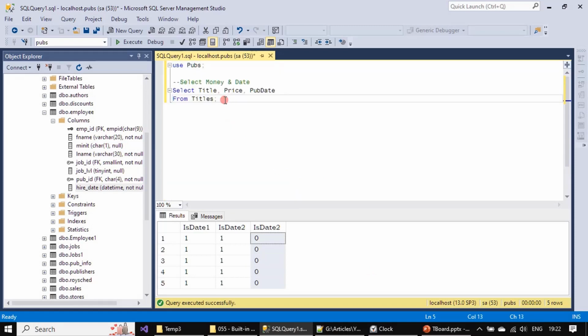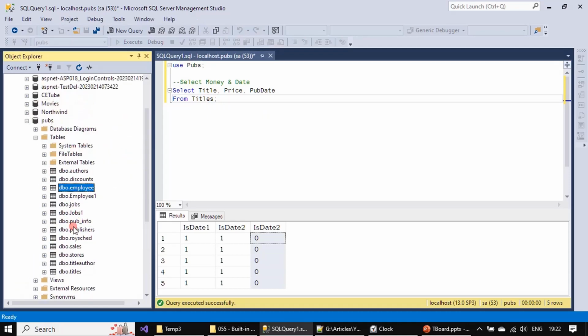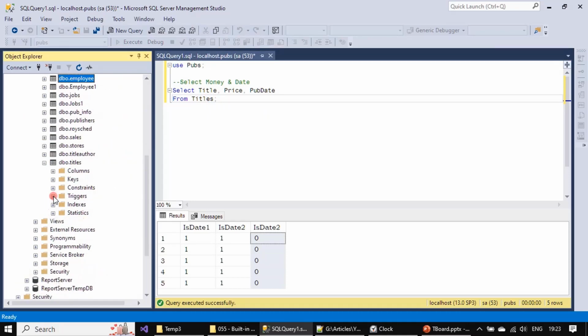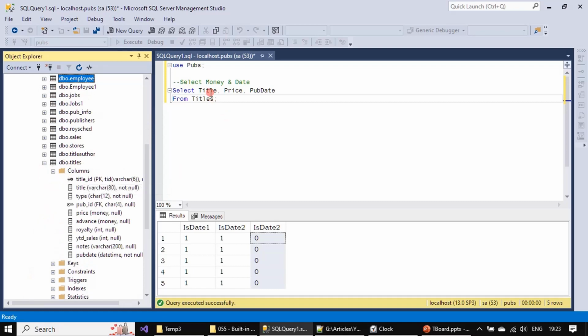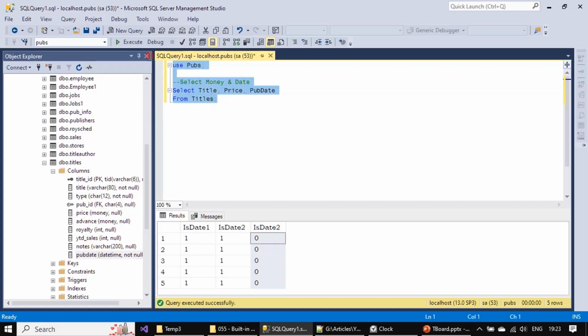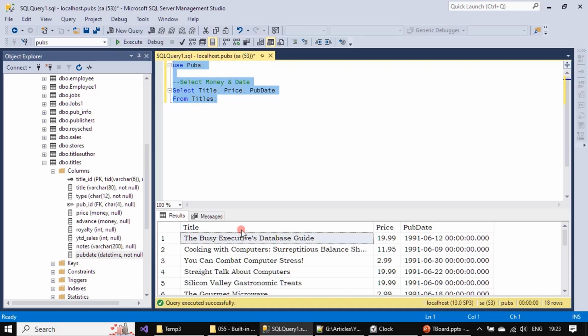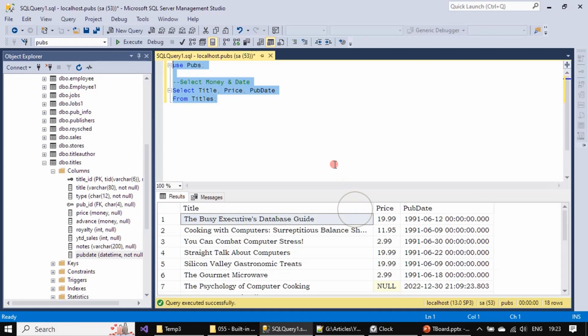So here is the sample data. This time we are picking data from the titles table, and we are picking title, price, and publishing date. You can look at the data returned by the query: title, price, and publishing date.